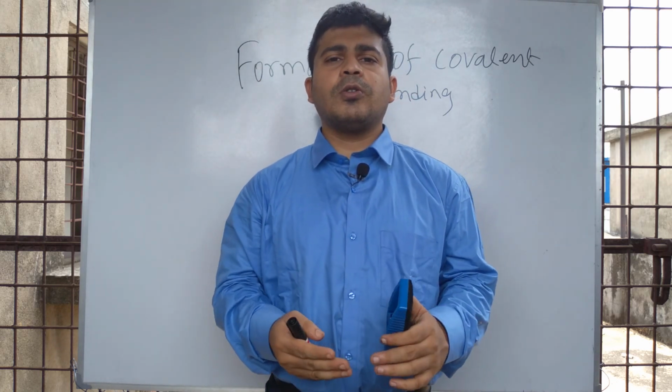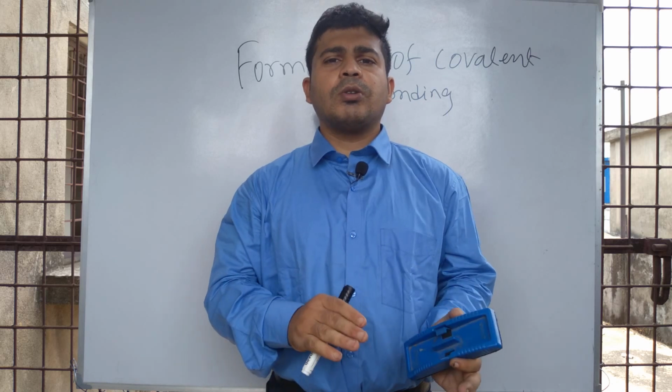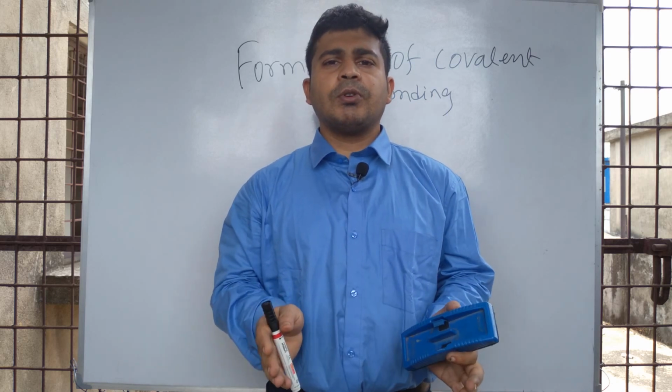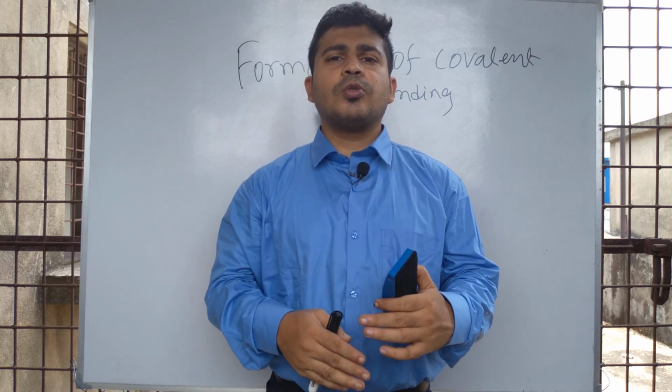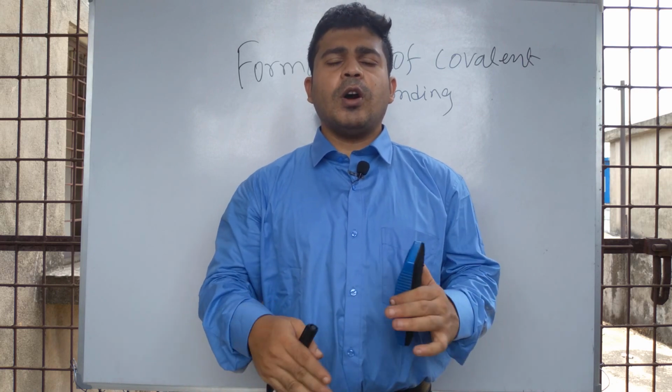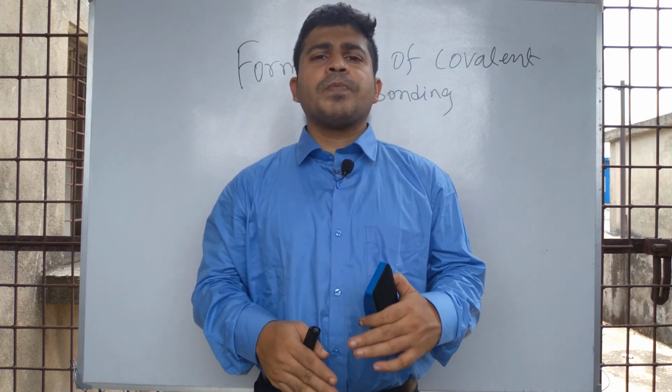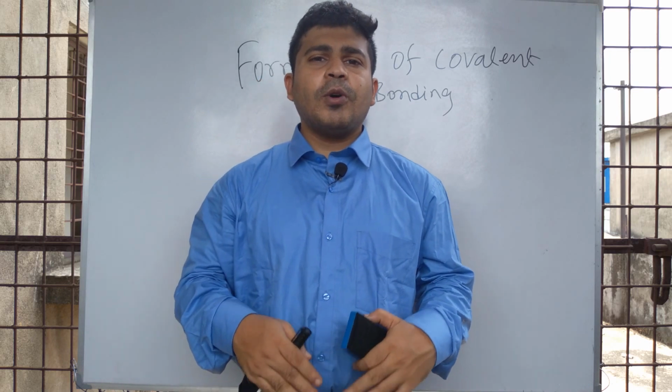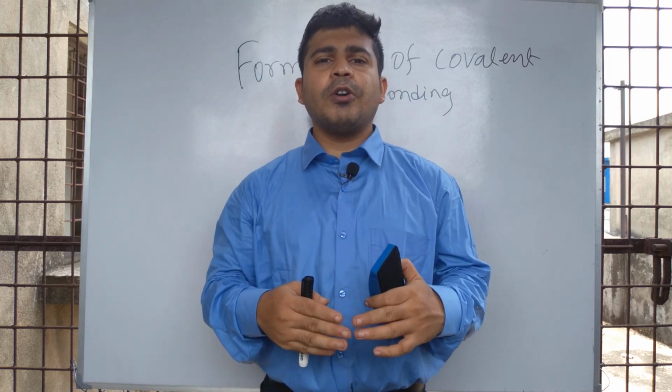one or more electrons between the atoms. Atoms share electrons to form covalent bonding, one or more electrons. But why do atoms share one or more electrons to form covalent bonding?